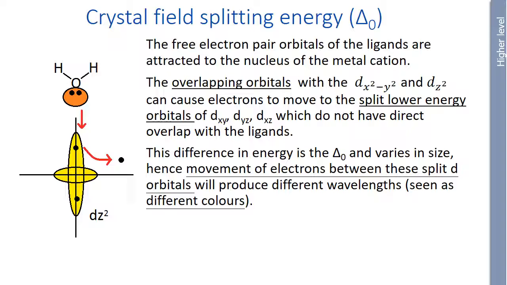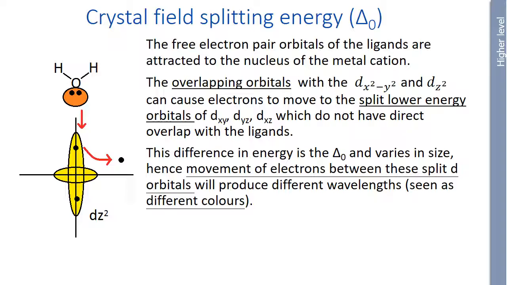Okay, but the overlapping orbitals in terms of the higher energy dx squared minus y squared and dz squared orbitals can cause the electrons to move to the split lower energy orbitals dxy, dyz, and dxz because they're more stable. And the reason for the stability is there's no direct overlap with the ligand, so it's actually reducing the repulsion between the ligand and the orbitals of the metal cation.